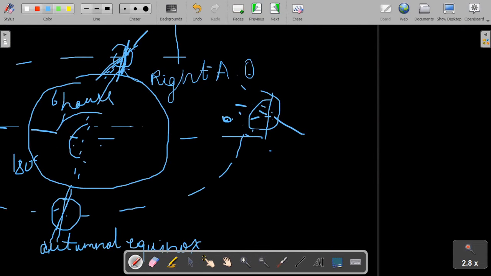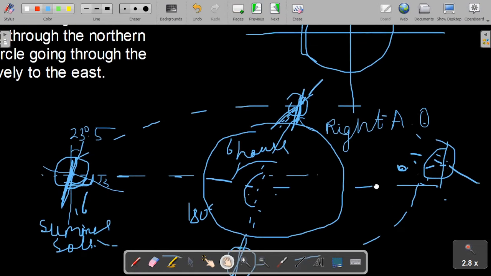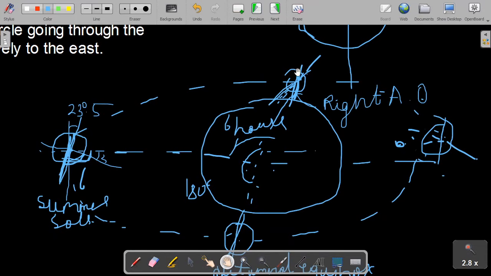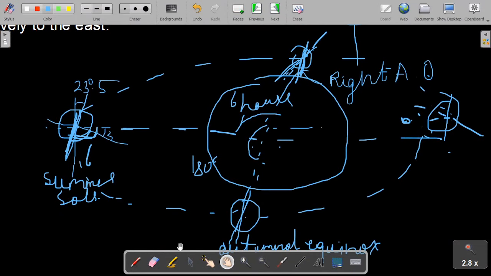The declination of the sun is now negative 23.5 degrees, and the right ascension is 18 hours. And again after 3 months have passed, we come to the point where the declination and right ascension are 0.